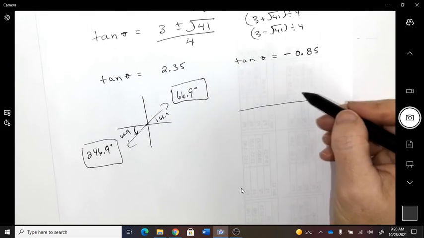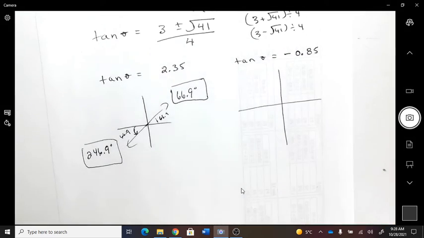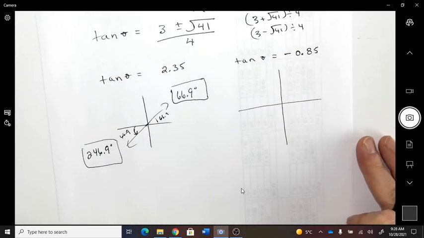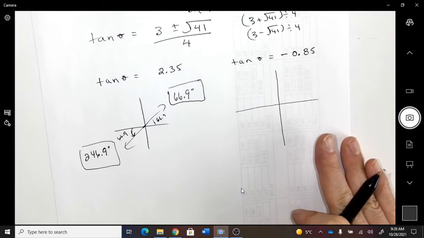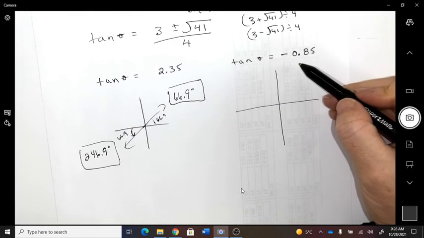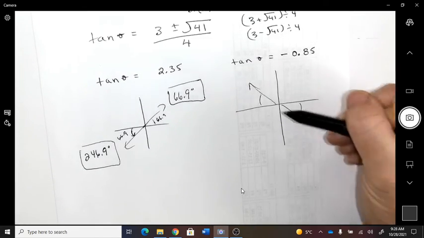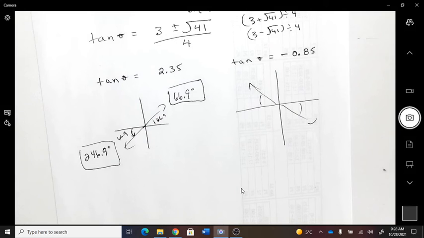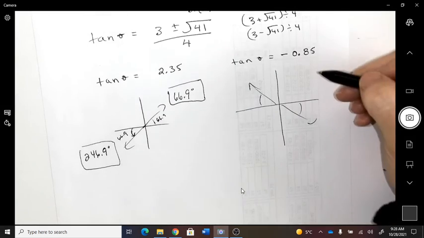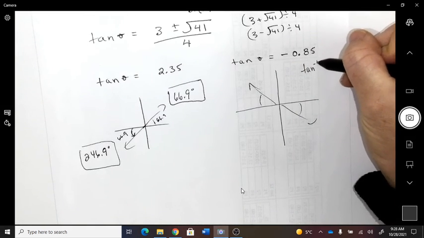Okay, and now we're going to have 2 more answers yet to this problem. Okay, so tan is a negative 0.85. So negative tan quadrants. Negative tan quadrants. And what are you doing in your calculator here?